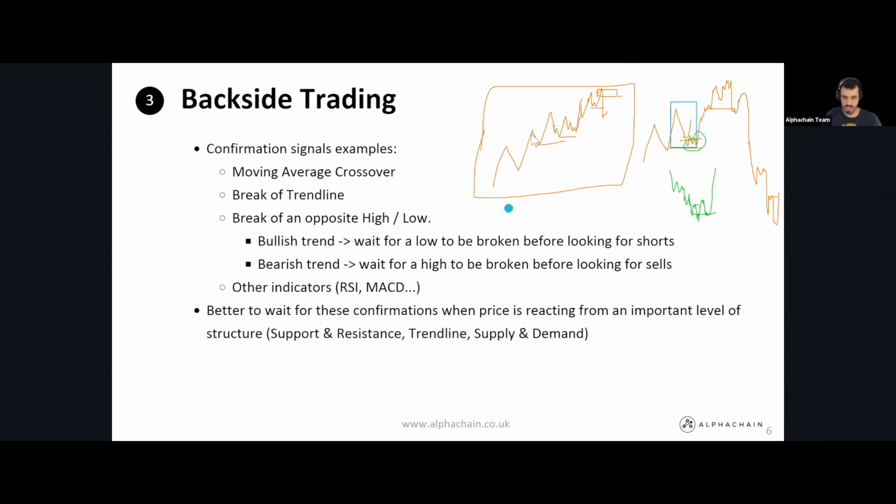So most likely the reason why this high in here, for example, this one or this one, is not really the zone where price is going to reverse to the downside is maybe because the next important support and resistance level is somewhere in here, close to these highs. That's why price eventually is going to go all the way up until it reacts to the important zone, and then yes, price is going to go down.